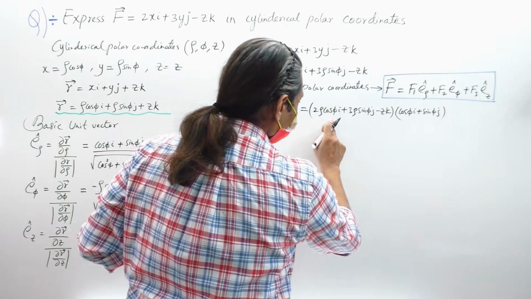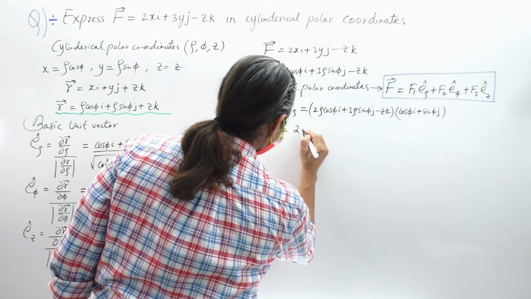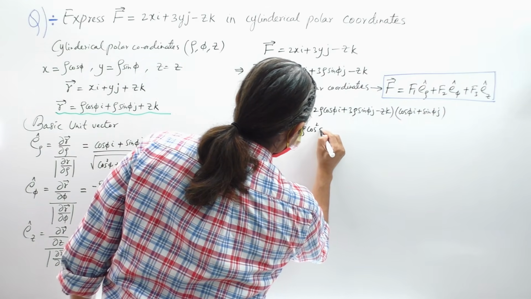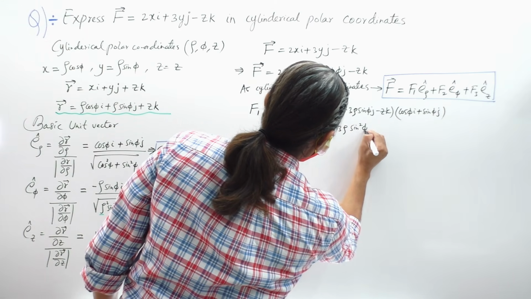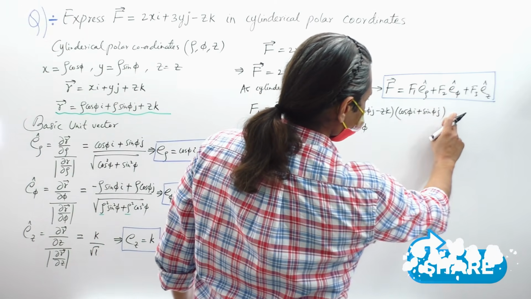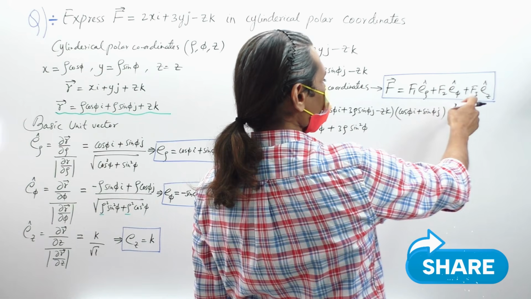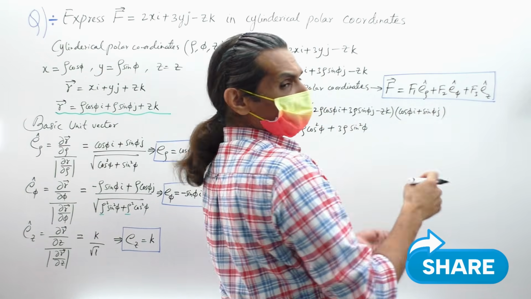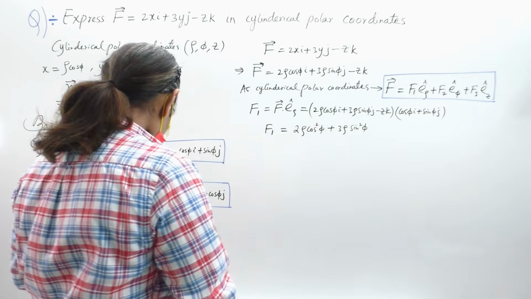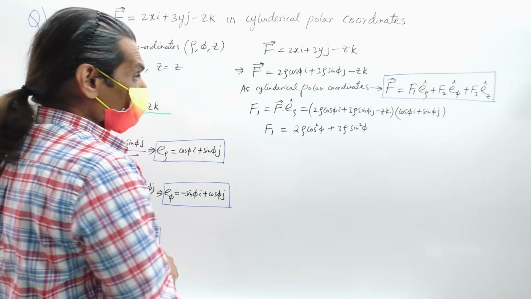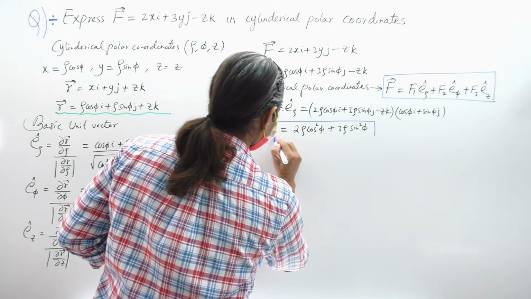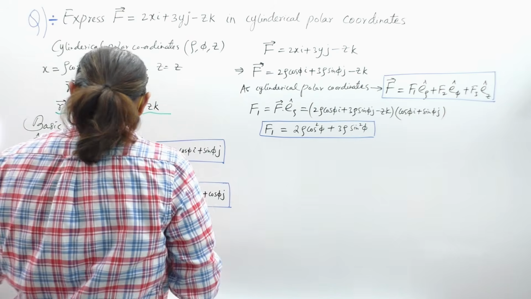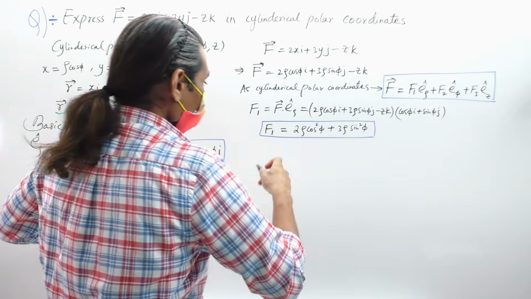That is 2ρ cos φ multiplied with cos φ becomes 2ρ cos² φ, plus 3ρ sin² φ. And since there is no k, it's plus 0 k, and 0 into z is 0. Leave it. So we have here the value for F1, and this also please underline. Now you found F1.